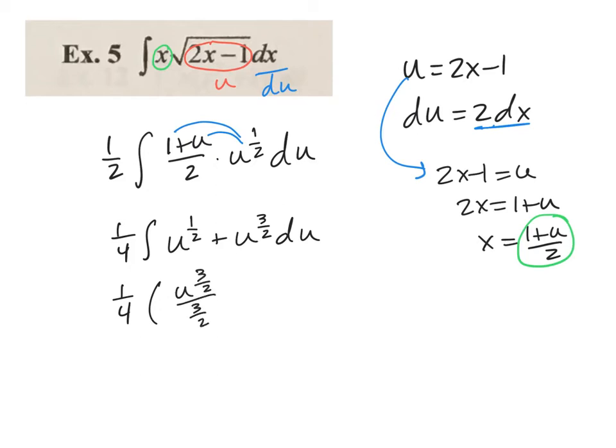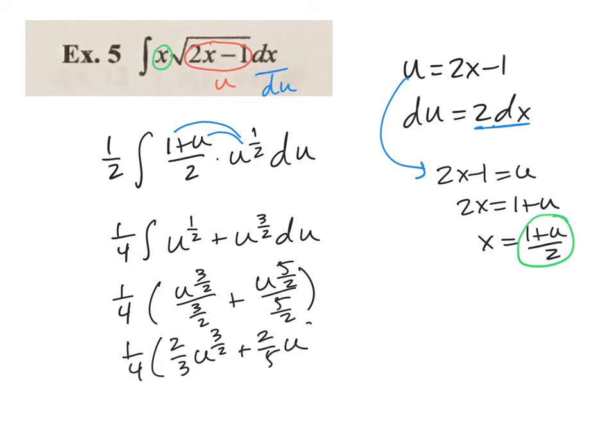We'll clean that up in just a minute. Plus the antiderivative of u to the 3/2 would be u to the 3/2 plus 1, which is 5/2, all over 5/2. Okay, and then this is probably a step you would have done in your head. So this is the same thing as 2/3 u to the 3/2 plus 2/5 u to the 5/2. Remember, dividing by a fraction is the same thing as multiplying by its reciprocal.